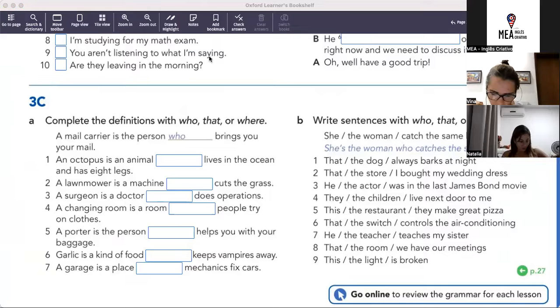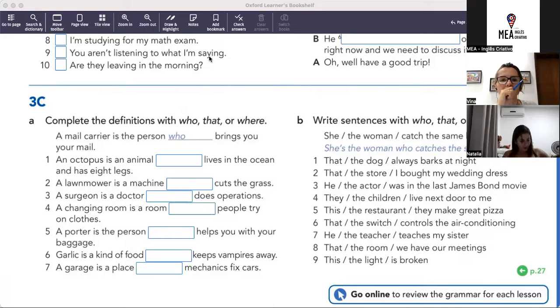An octopus is an animal. Where? Não, where não é não. O primeiro é não, eu acho. Não é esse, an octopus is an animal.